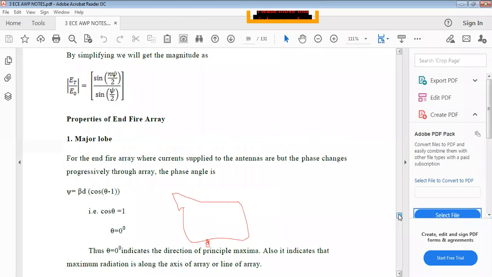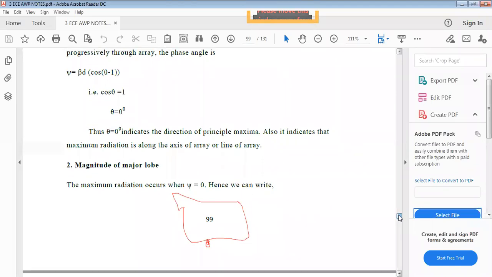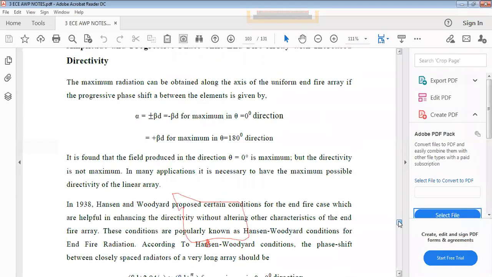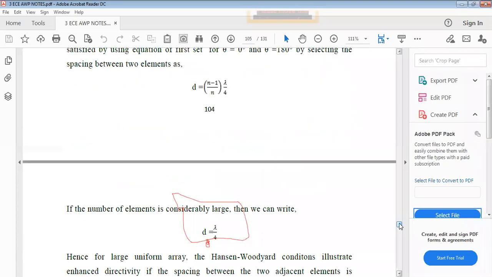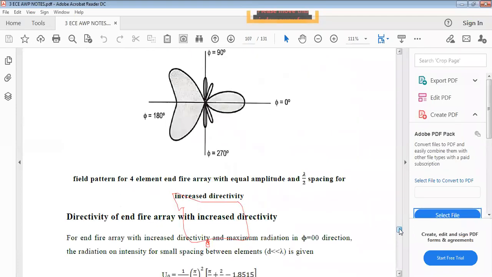Please go through this derivation. This is also simple, and here the difference is that instead of cos(n psi/2), it may get some phase shift. Please go through this.